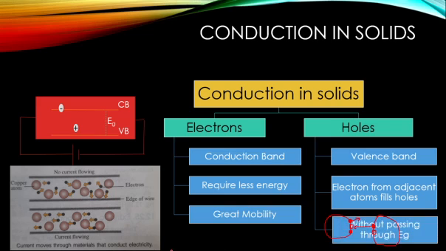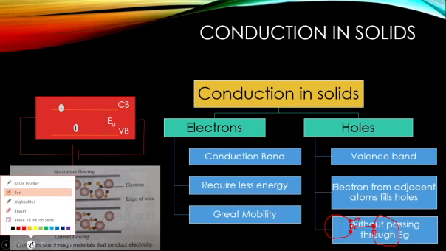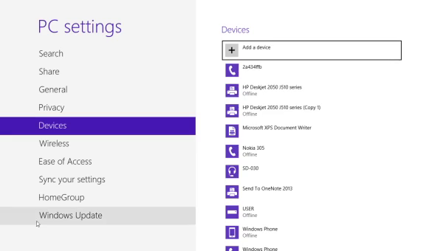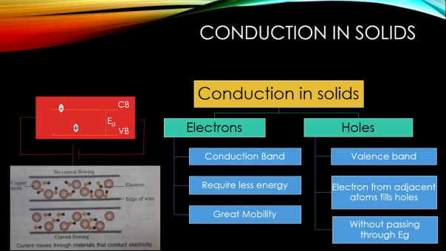So these electrons are not passing from the valence band to the conduction band, but the movement is only inside the valence band itself. That is why holes have a greater attachment to the nucleus, or to the lattice, and hence they have less mobility.